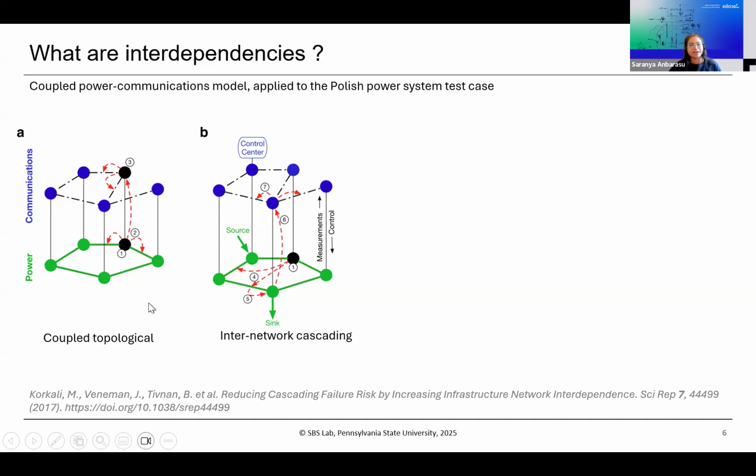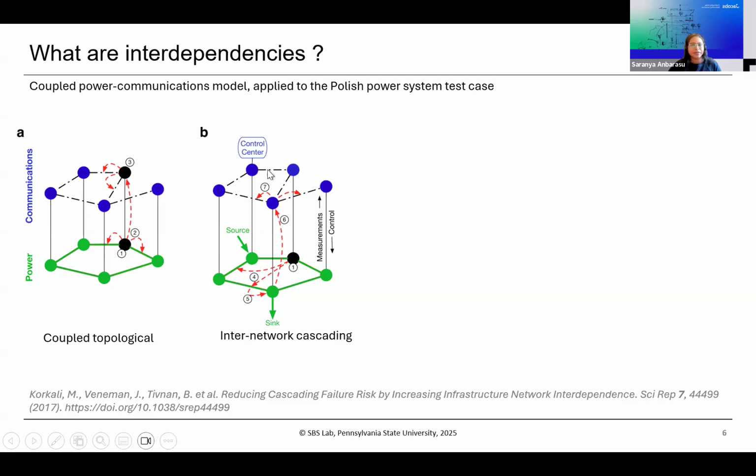Say each power system node is connected to one of the communication system nodes. So if one of the power system nodes fails, it's going to affect the corresponding node in the communication system, and probably it might affect the other two links that are connecting those communication nodes, and also two links in the power system. So this is called a coupled topology, or just the topological or physical integration.